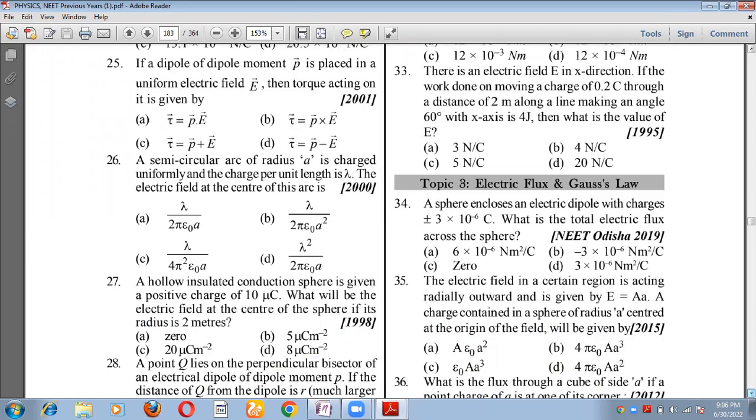Now we see question number 26. This type of question is also asked in JEE. So all of you go through question number 26.